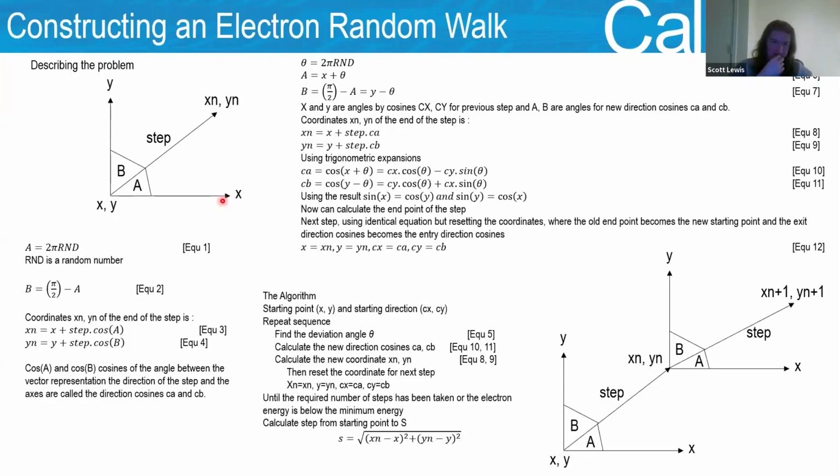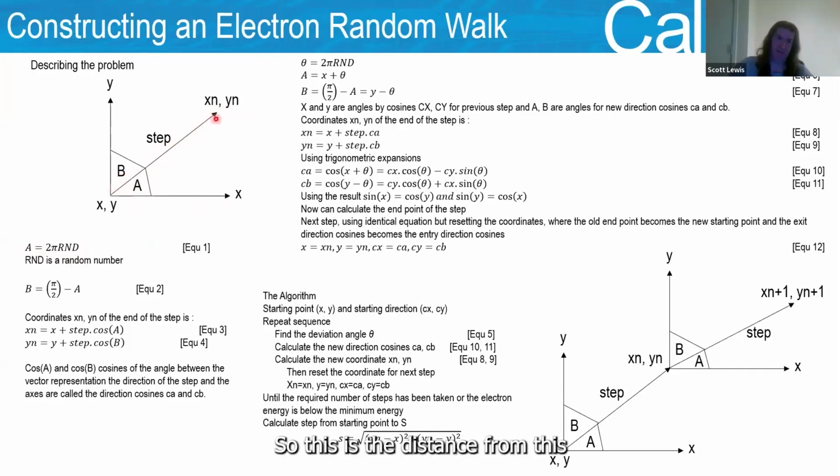approach that. So essentially, we need to find out what this scattering angle is, and this is by our usual suspect. So we've got X and Y, and we need to find the next step, which is Xn and, excuse me, Yn, which I've labeled. Okay, this is the step.